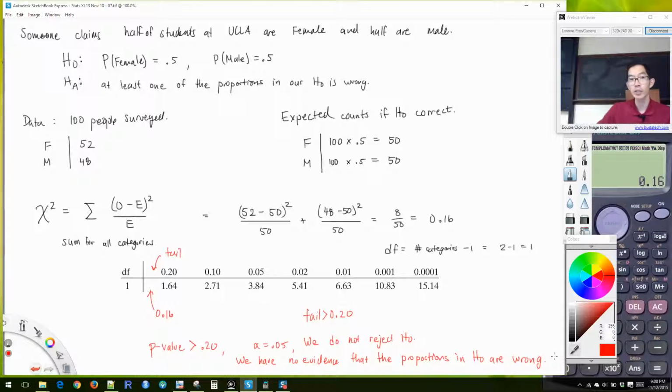And this can be applied if you have 5 categories or 4 categories, you just do the same thing. You take your n and multiply it by the p that exists for each category to get your expected count if the null hypothesis is true. Then you do it for each category, calculate your Chi-Squared statistic, look it up in the table, and that's it.